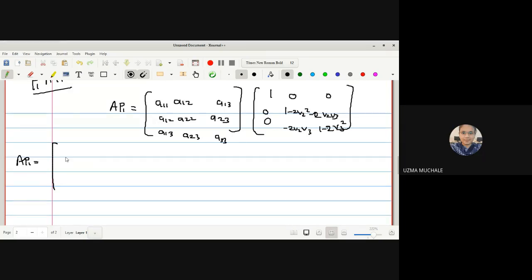After multiplying these two matrices, we get A P1 equal to: the first row will be as it is, that is A11, A12, A13. Next, A12 times 1 minus 2 V2 square minus 2 times A13 V2 V3. Correct? We have to verify because I am also doing these calculations. Next, A12 with negative sign, minus 2 A12 V2 V3 plus A13 times 1 minus 2 V3 square.